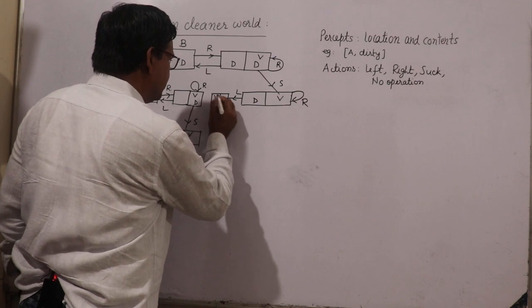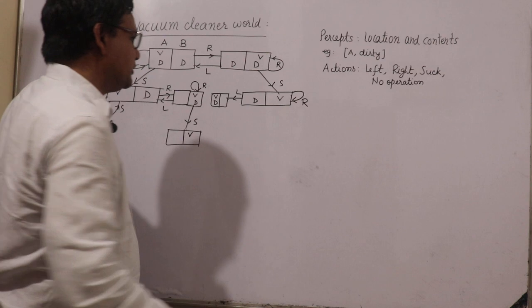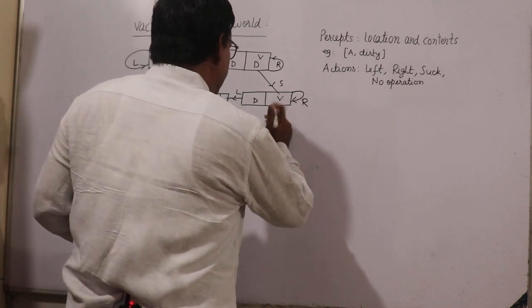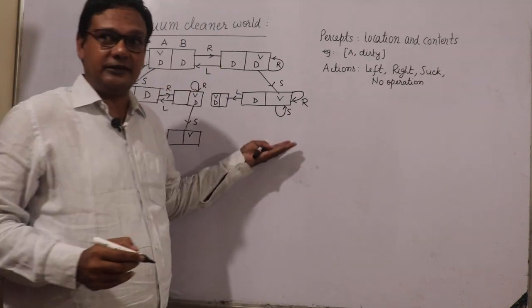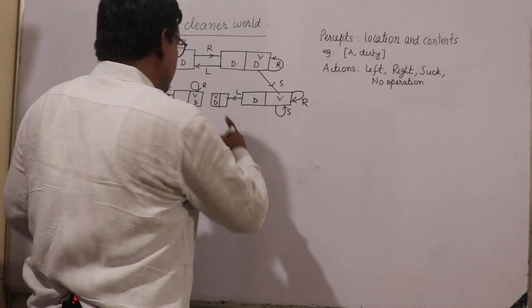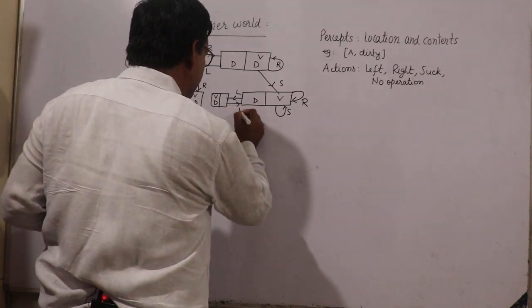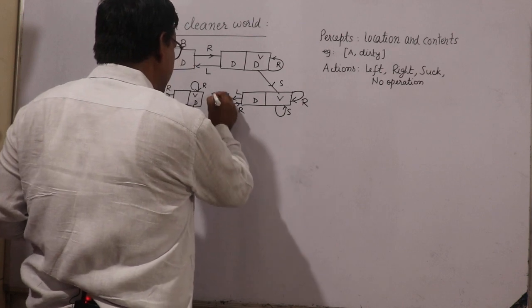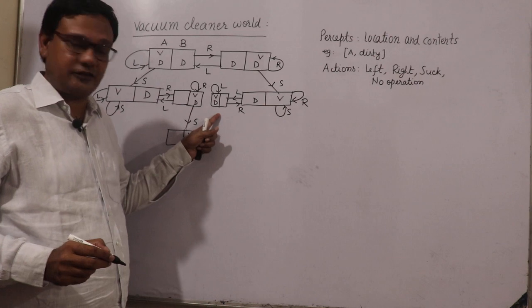Dust is here, the vacuum cleaner is here, and room B is clean. And if it sucks, then because it is clean, nothing changes. Now here, if it moves in the right direction, it will go here. If it moves in the left direction, it will remain in this state only.